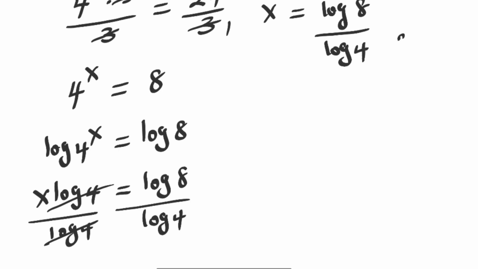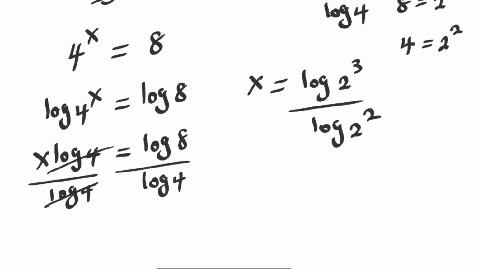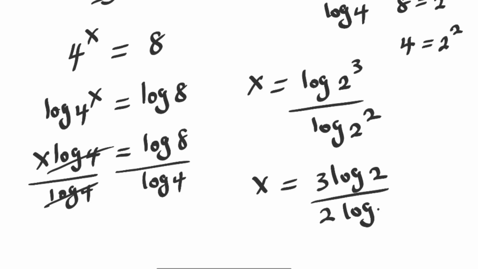Then 8 is equal to 2 raised to power 3. 4 is equal to 2 square. x is equal to log 2 raised to power 3 divided by log 2 square. x is equal to 3 log 2 divided by 2 log 2.